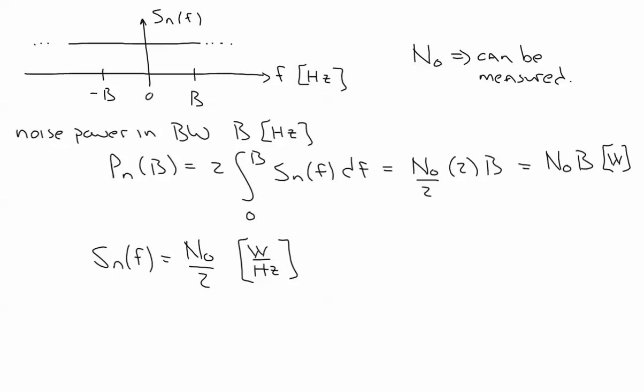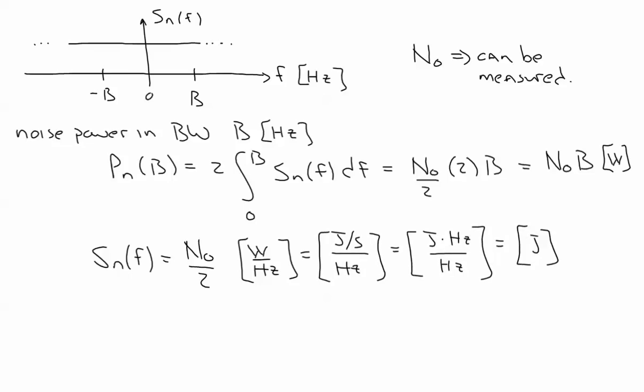For power spectral density, the units is always watts per hertz, because what I'm doing is I'm spreading power over a frequency spectrum. Well, a watt is a joule per second, but 1 over seconds is hertz, so that could be written as joule times hertz over hertz, and the hertz cancel out.